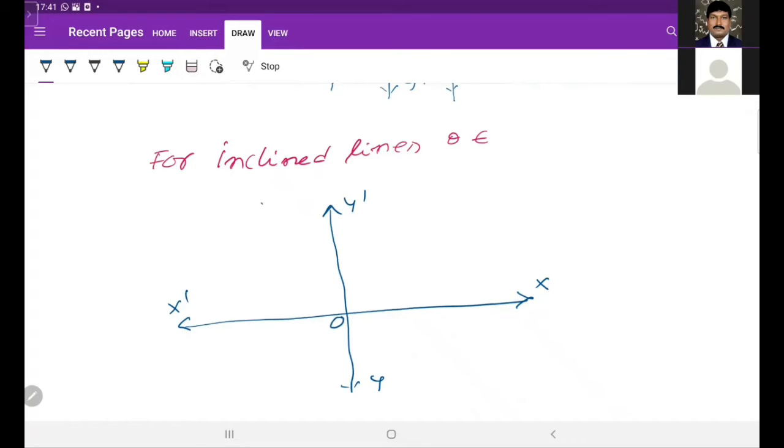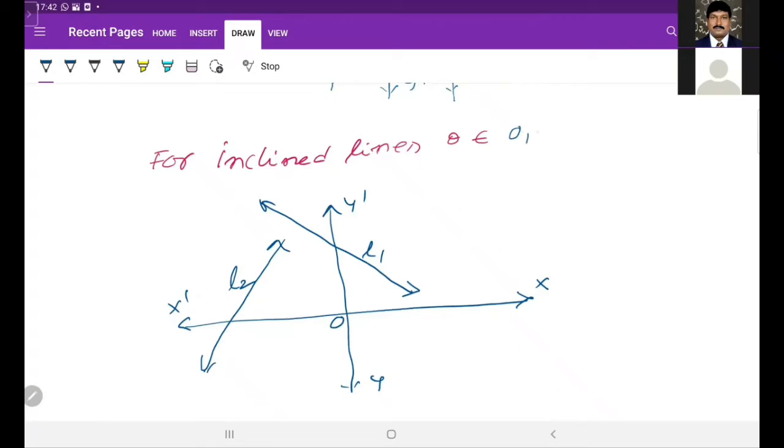So this is an inclined line, L1, and another line in this way, L2. These are inclined lines. So the theta value is 0 degrees for horizontal and 90 degrees for vertical. Except these two.